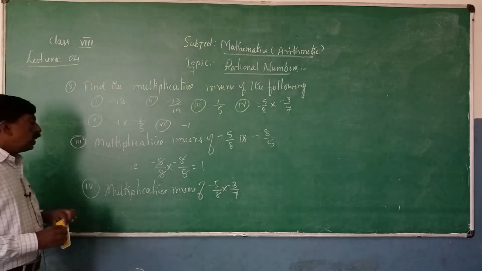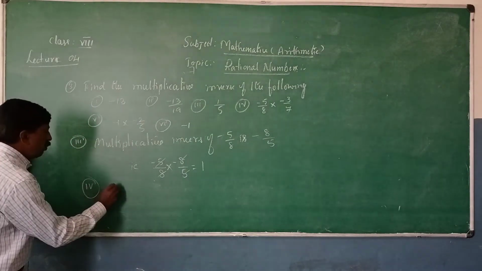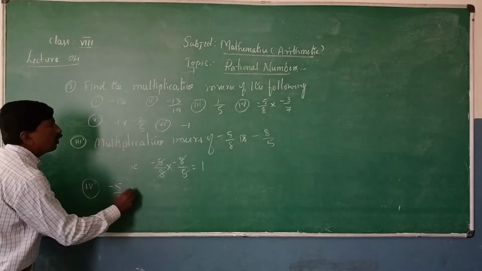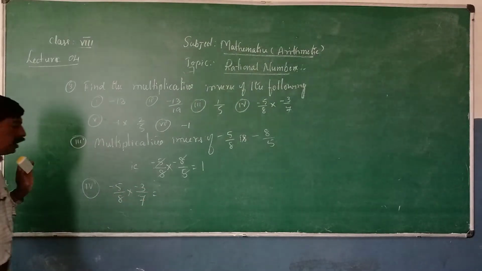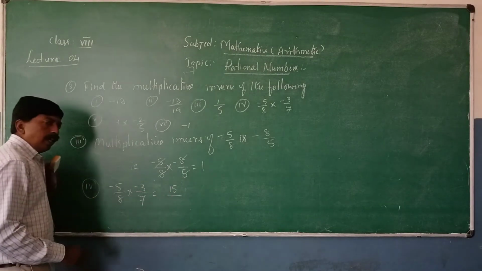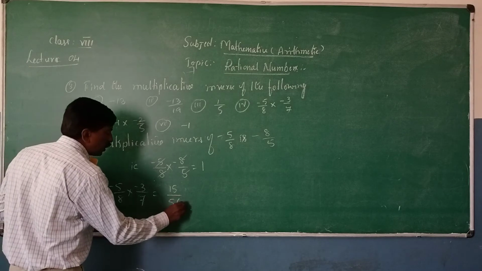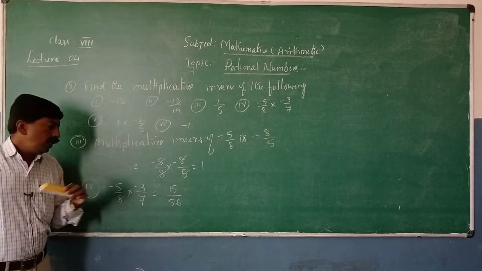First you can simplify these two. What is given? Minus 5 by 8 into minus 3 by 7. Minus into minus is plus, 5 3s are 15, 8 7s are 56.